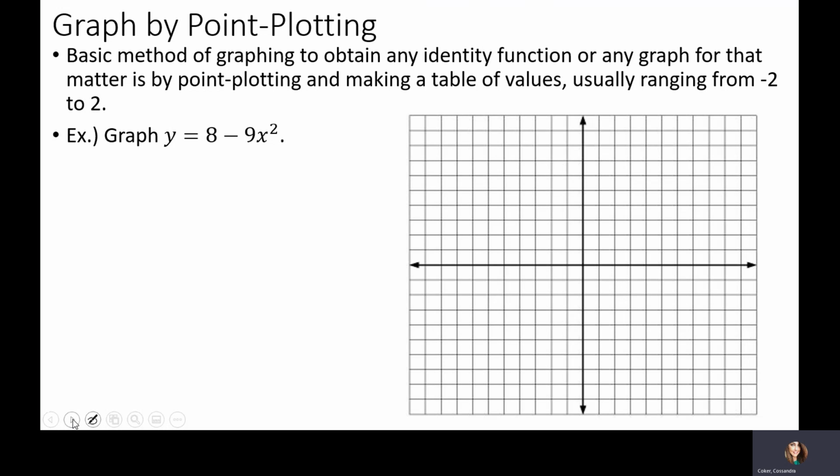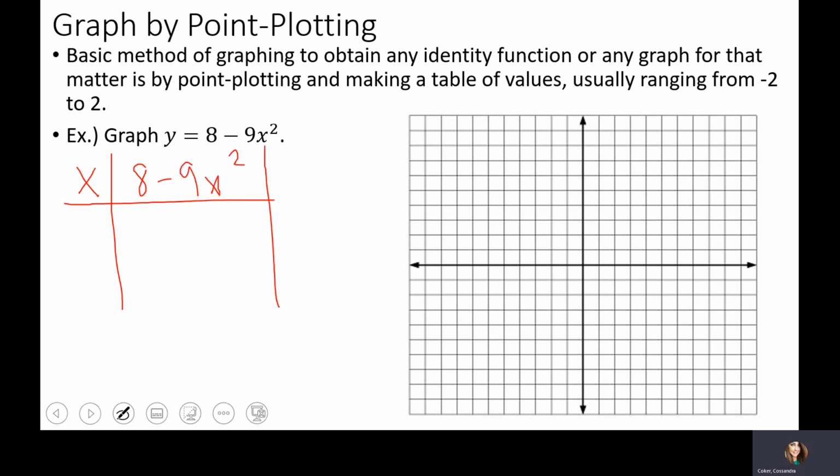So if we create, make a table, working area here in the middle.